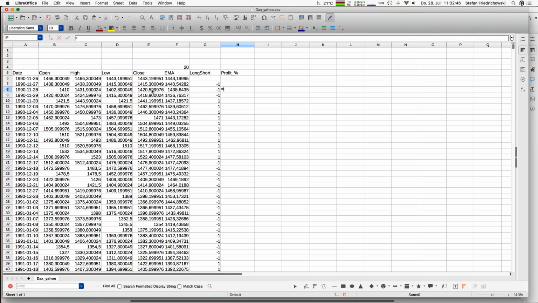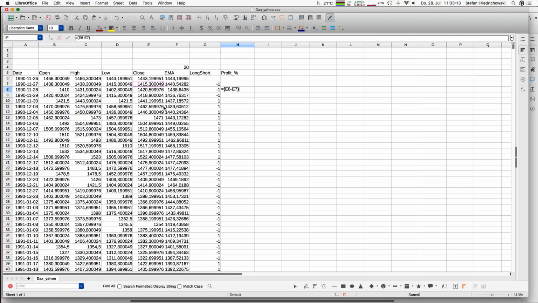So we know we have a current close value of the current day, which is E8, or the 1,420 in DAX values, and then we can subtract here the close of the day before.